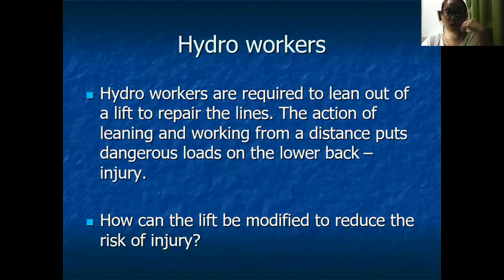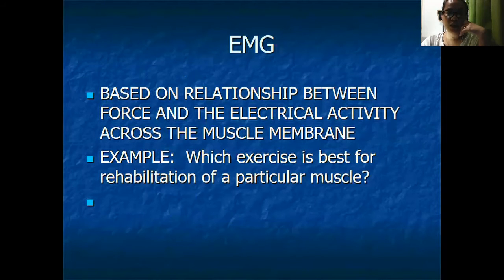These are also in terms of the quality of movement that is being applied. So the EMG, the electromyograph, is being used, usually in most of the developed countries. Which exercise is best for rehabilitation of a particular muscle?